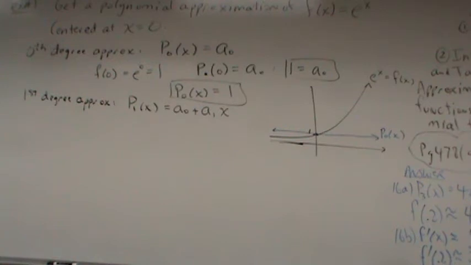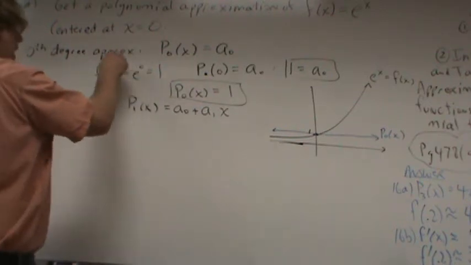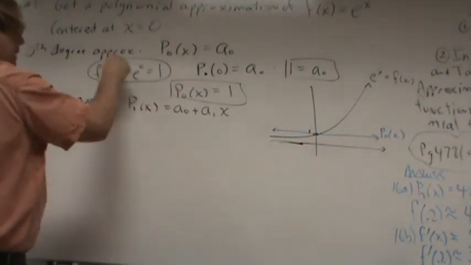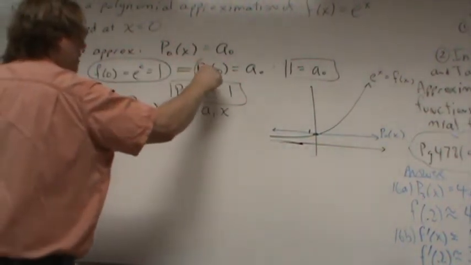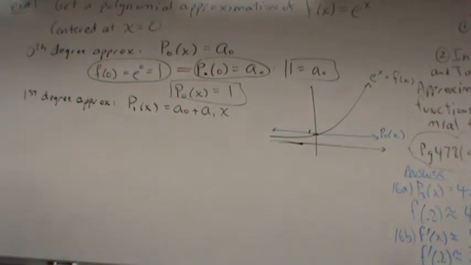Yes? Where did you get the 1 equals a naught? I had to set this guy equal to this guy. I just want to remind you, my strategy is, once I've chosen the center of my neighborhood of the approximation, I've got to make sure that the functional values are equal to each other. That is, the value of f equals the value of the polynomial.